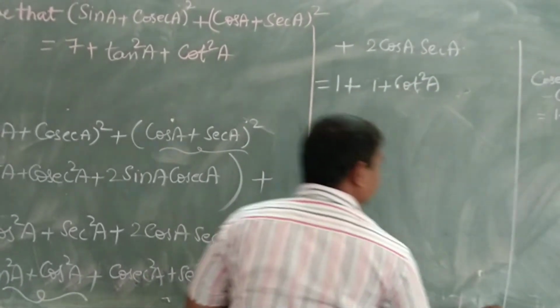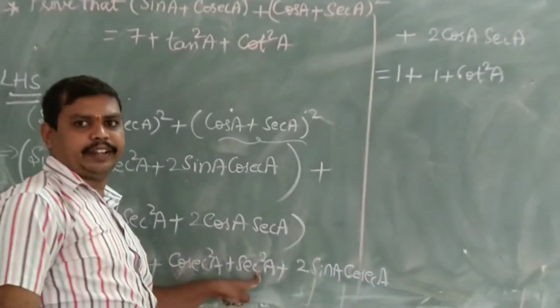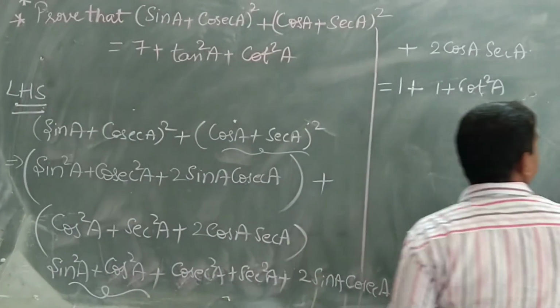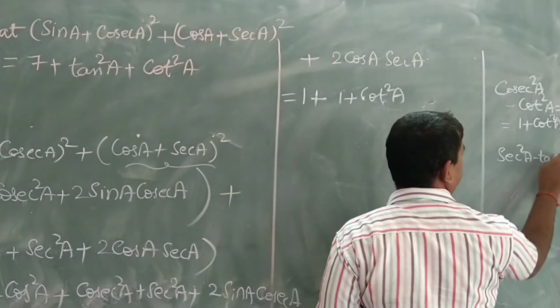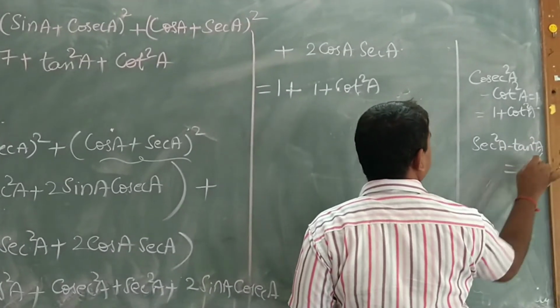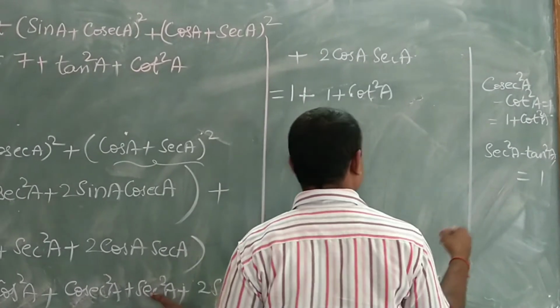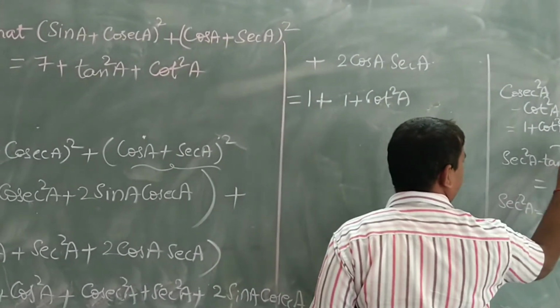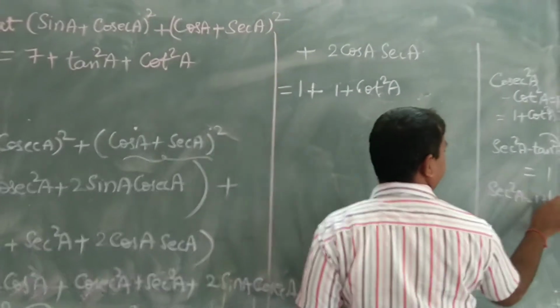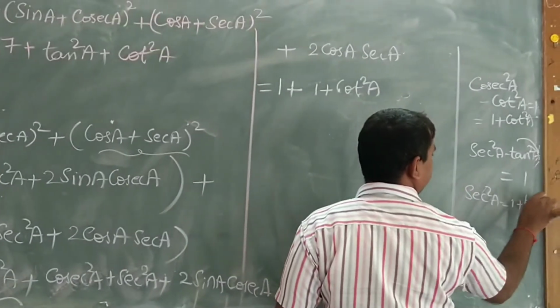Okay? And next secant square A. Again we have from identities secant square A minus tan square A is equal to 1. That implies if you want the value of secant square A from here, you will have 1 plus tan square A. Just replace that.